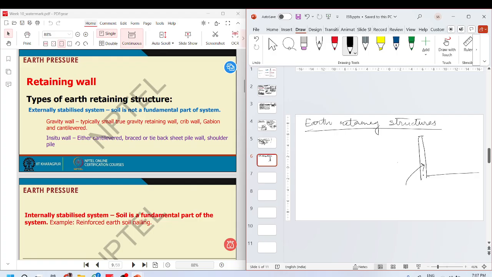We are not studying the design of the structure, like how we should design the structure so that it will not fail. But we are trying to understand what loads the structure will feel based on the soil that is retained behind it.